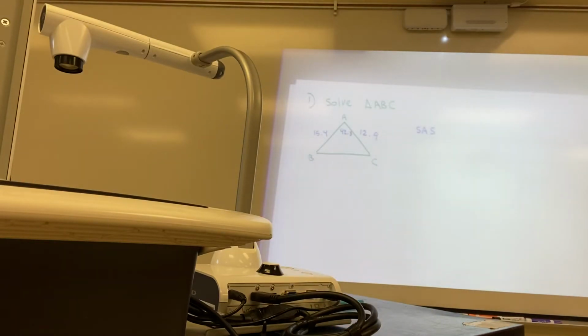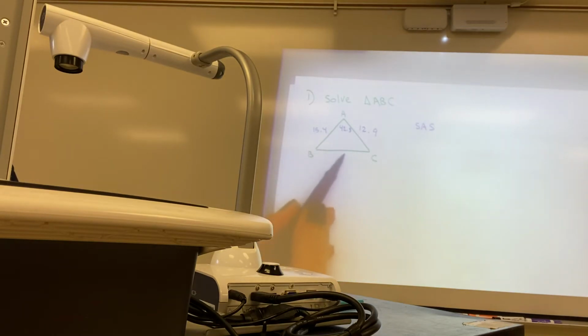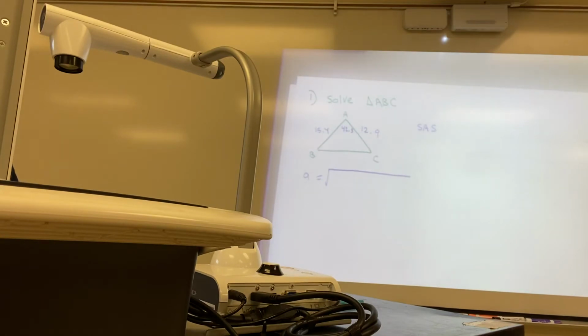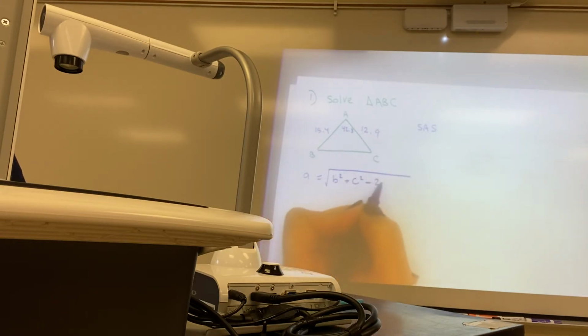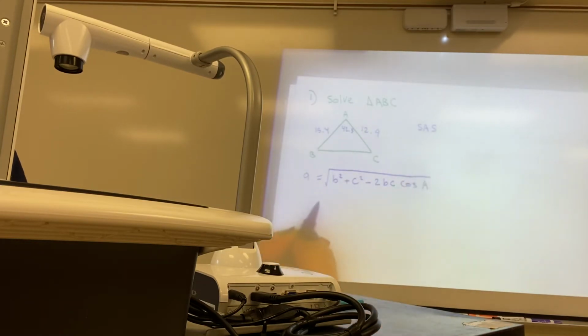So we will apply the law of cosines. We need to find this side, A, and then find the measures of angles B and C. So A equals the square root of B squared plus C squared minus 2BC cosine A. Let's plug in all the numbers that we have.